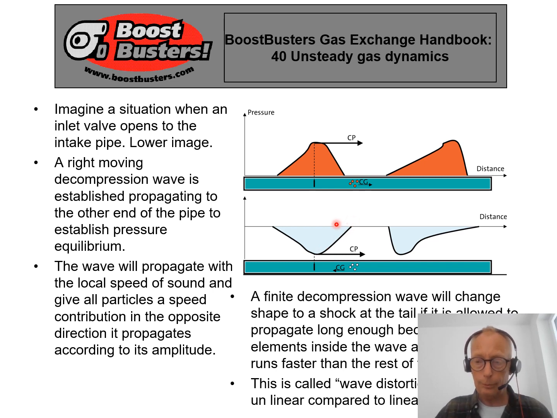But here we have a lower propagation velocity for the pressure wave at its peak. So when the wave has propagated for a certain time in the pipe, we are actually creating a shock tail on the wave, and the front of the wave is becoming shallow.